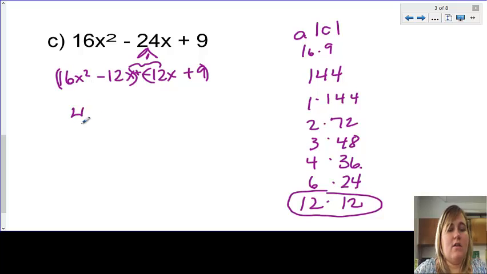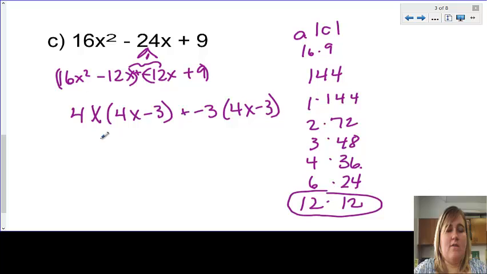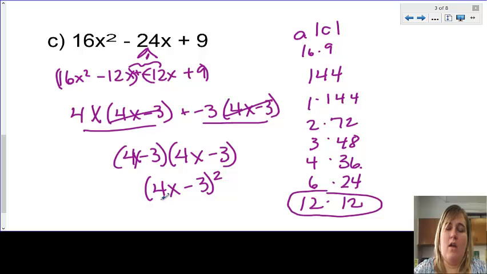Here I can factor out 4x, which leaves me with 4x minus 3, plus here I can factor out a negative 3, which leaves me with 4x minus 3. So then if I factor out of these two, I can take 4x minus 3 out of both, which leaves me with 4x minus 3 in the other one. So this one would be a perfect square trinomial, the quantity of 4x minus 3 squared.